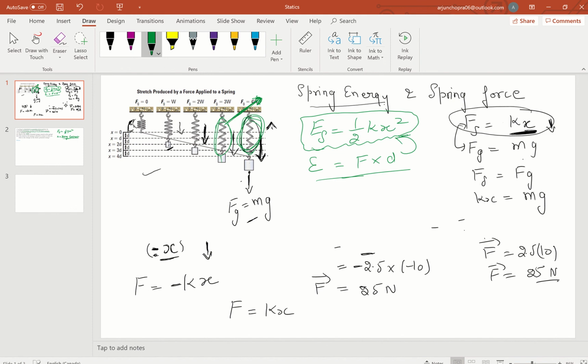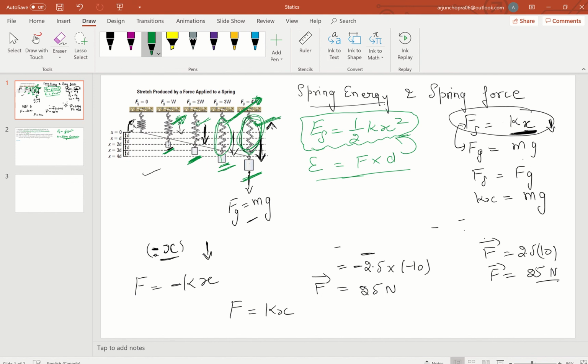So let's say this spring is made of steel, and this is the same spring, the same spring, the same spring. Even if I change the load, the spring constant value, k value, will not change by changing the amount of load you are applying. That will remain the same.